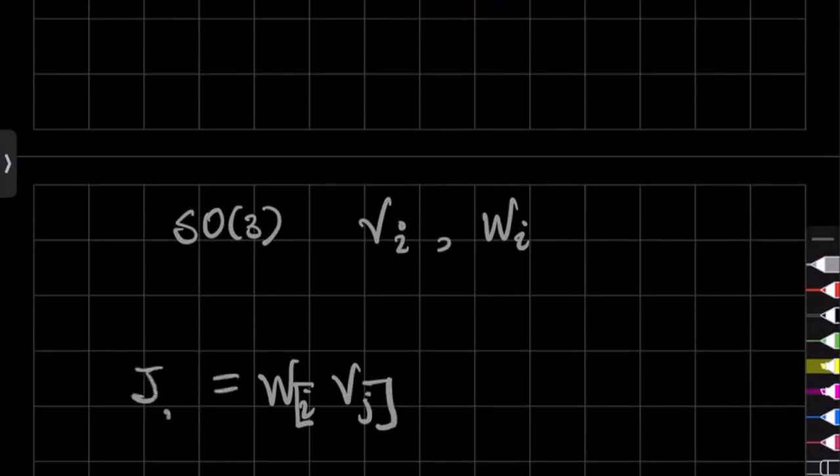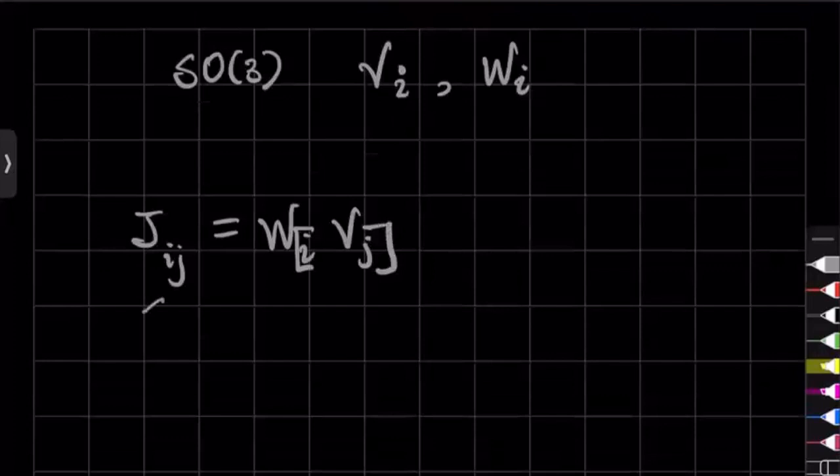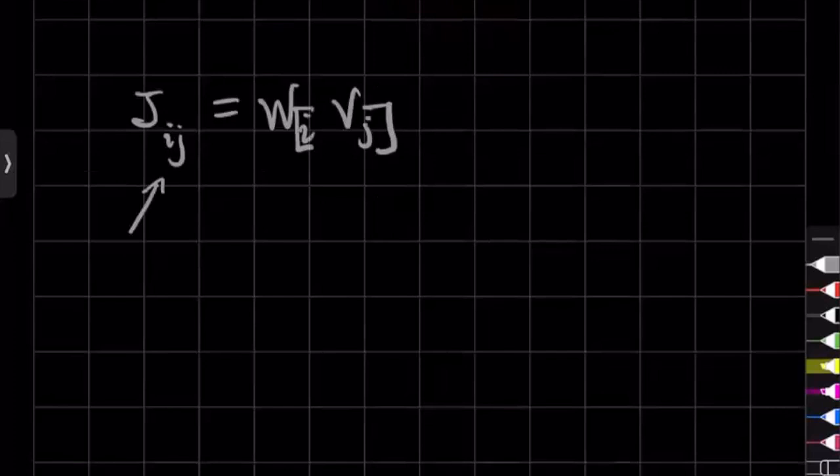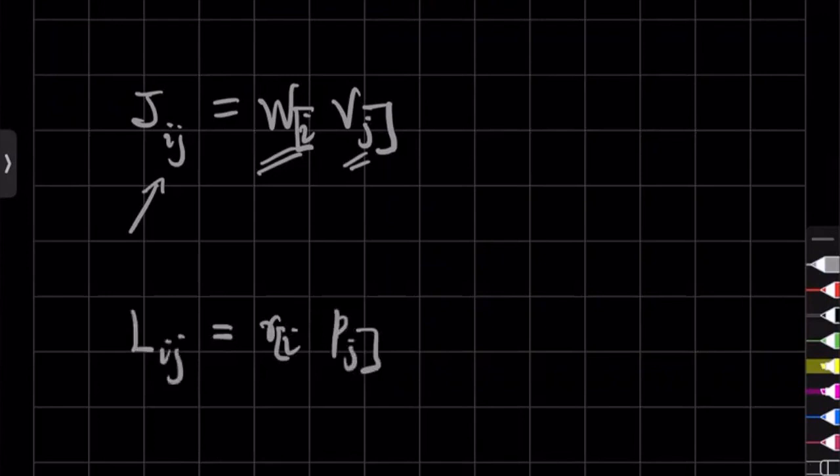Let me call the first R_i and the second P_j, and take R_i antisymmetrized with P_j, and call the combination L_ij. Can someone tell me how many independent components L_ij has?